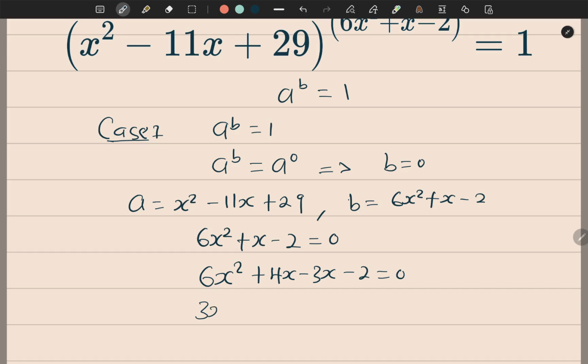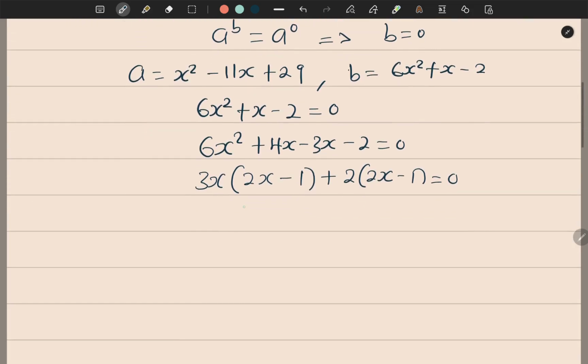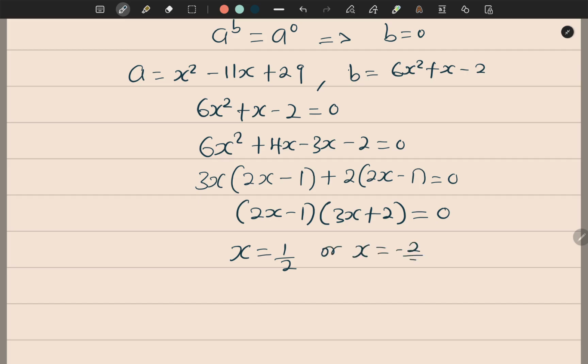So we could factorize 3x, then left with 2x minus 1, then 4x and minus 2. 2 can be factorized, then you have 2x minus 1 equals 0. This is going to give us 2x minus 1 and 3x plus 2 equals 0. We therefore obtain x equals 1 over 2 or x equals minus 2 over 3.